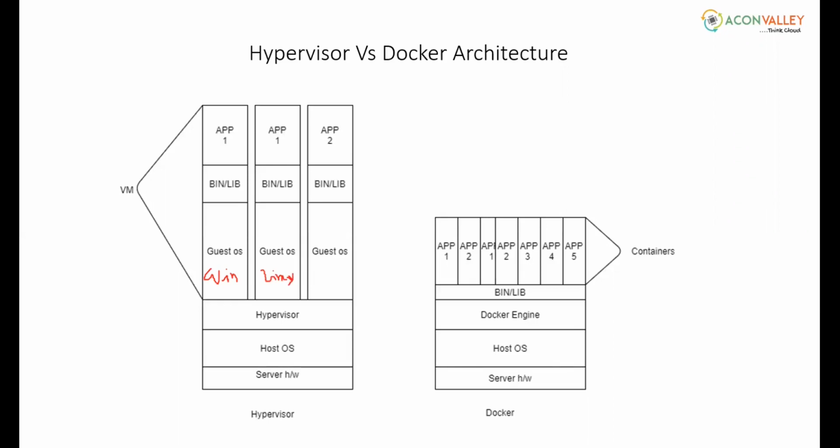Assume a VLC media player, one piece of software. You put the same software in Windows, you put the same software in Linux, and the size will be different. Why does the size differ? If you understand this concept, then you can understand how the Docker engine works.